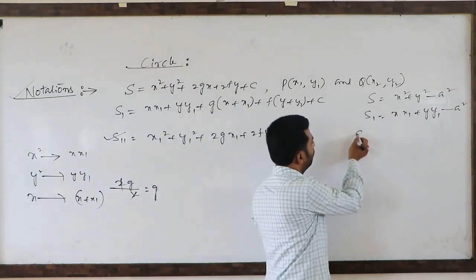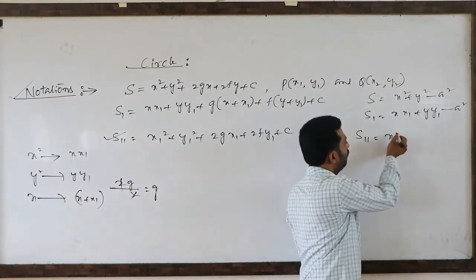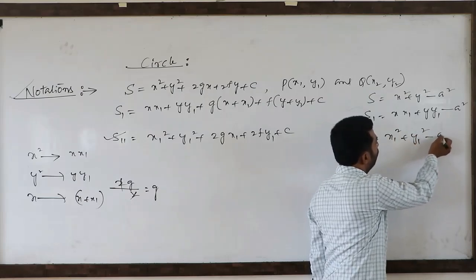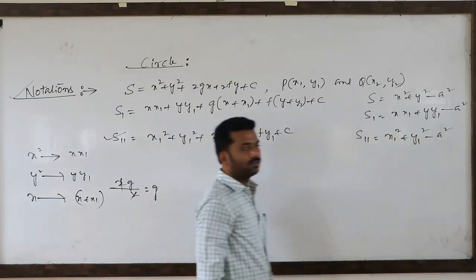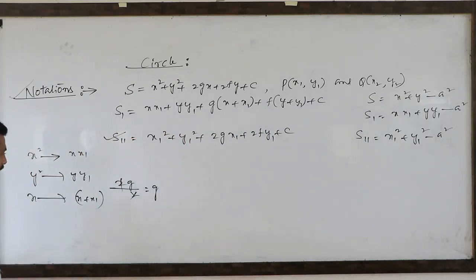In the standard form case, S11 means wherever x is there x1, wherever y is there y1, minus a square. So this is x1 square plus y1 square minus a square.